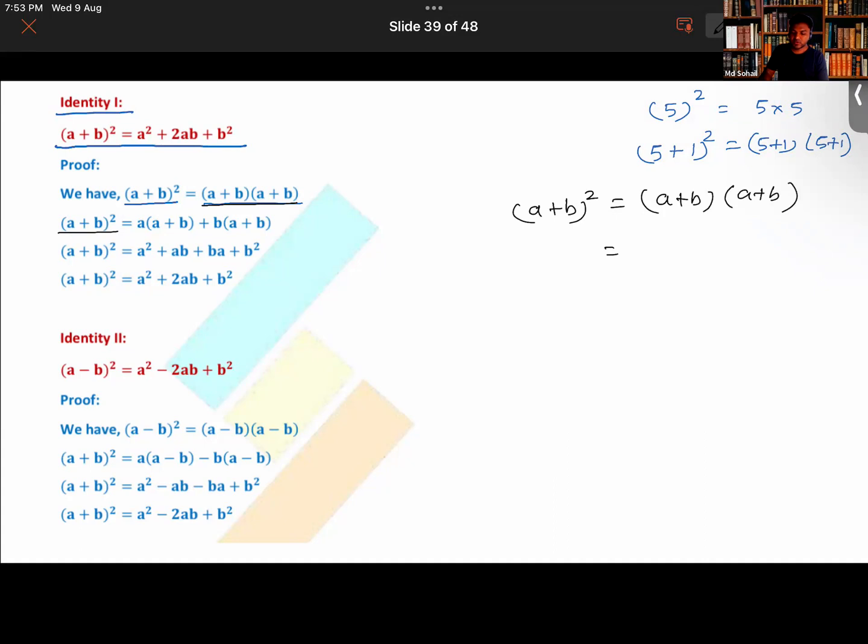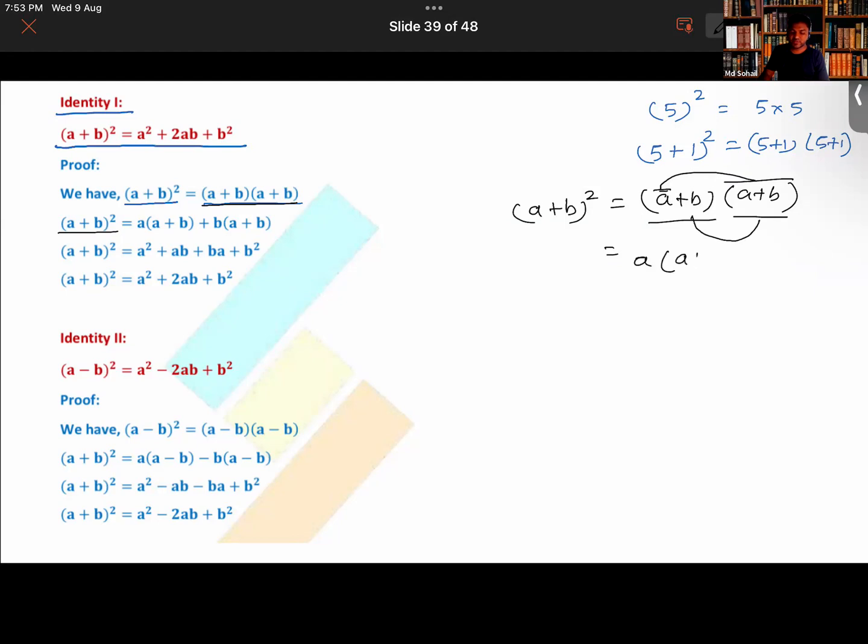Now, you are already familiar with how we multiply two binomials. Aren't these two binomials here? (A plus b), (a plus b). We know that the first term gets multiplied with the whole expression here, and the second term also gets multiplied with the whole expression here. So can we not write it like this?